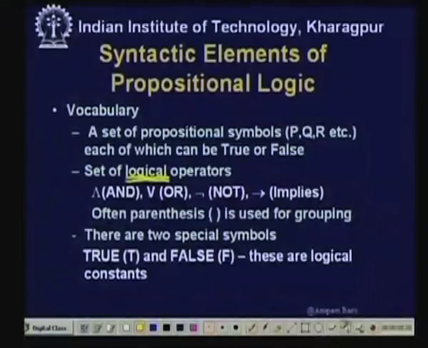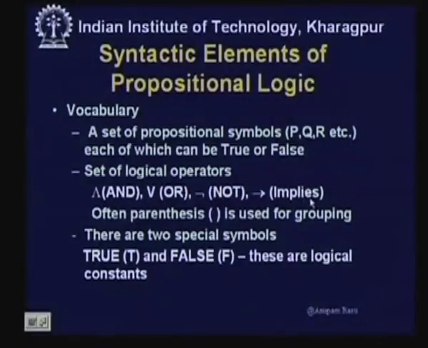Now we can have, say, and, or, not and implies. These are the basic four logical operators that are used in propositional logic. Often parenthesis is also used for grouping. There are two special symbols, true and false. Basically these are logical constants.